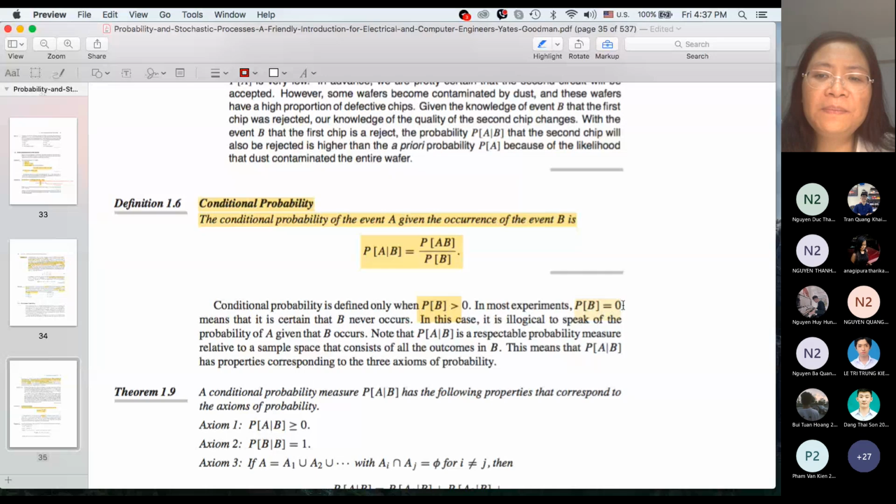If the probability of B equals 0, then B never occurs, so A and B don't happen.